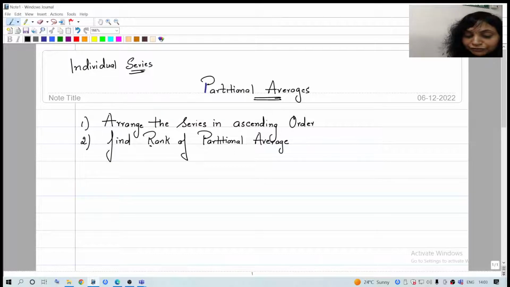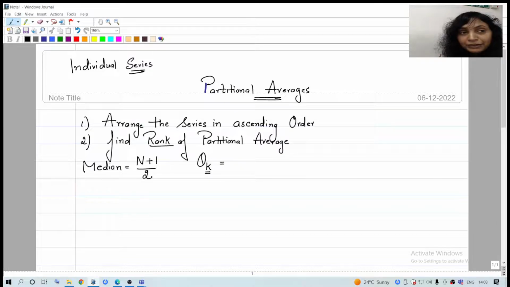Now how to find the rank? If we are finding the rank of median, then the rank is (n plus 1) by 2. If we are trying to find the rank of quartile, I am saying Qk, where k represents the index. If we are computing first quartile, then k becomes 1, and if we are computing third quartile, then k becomes 3.